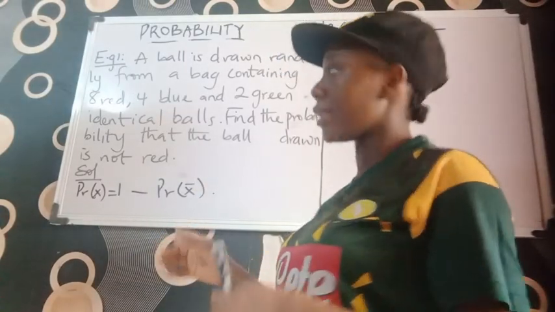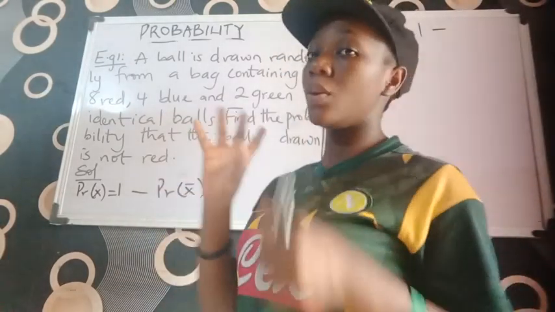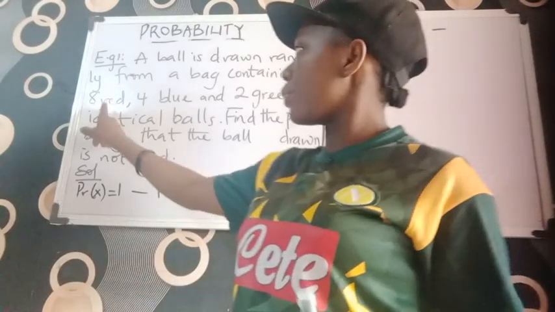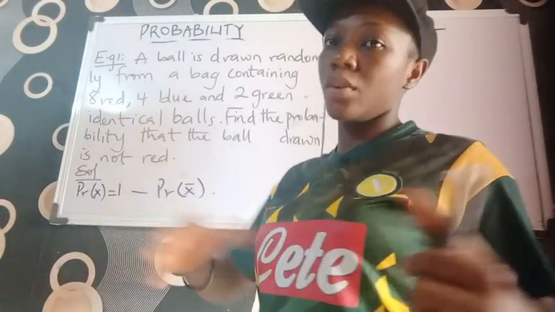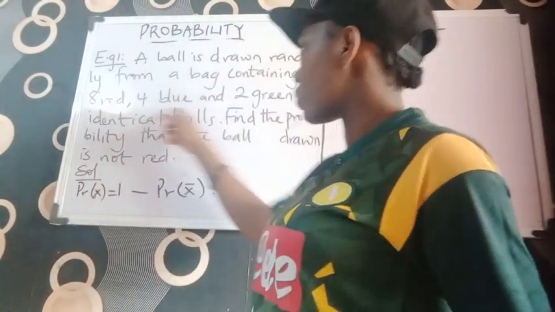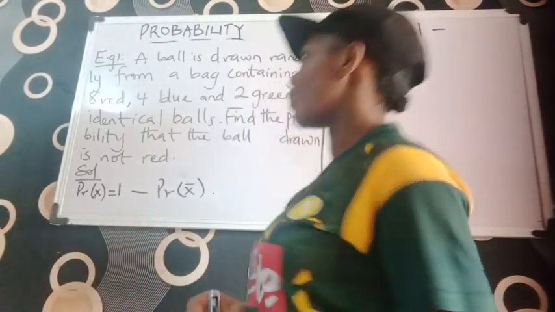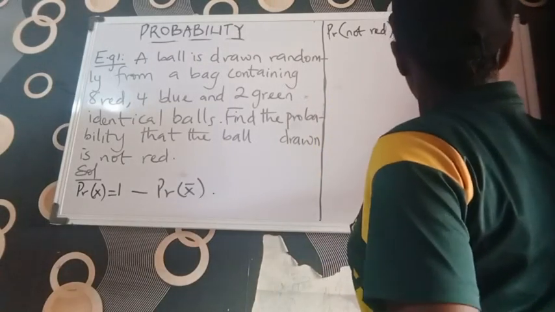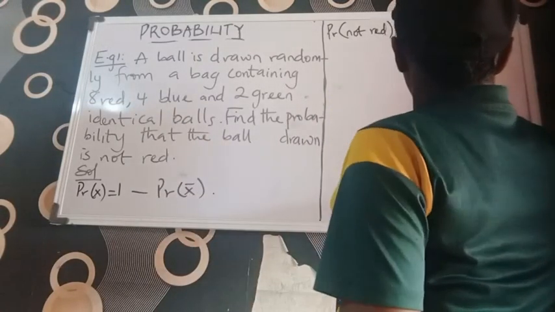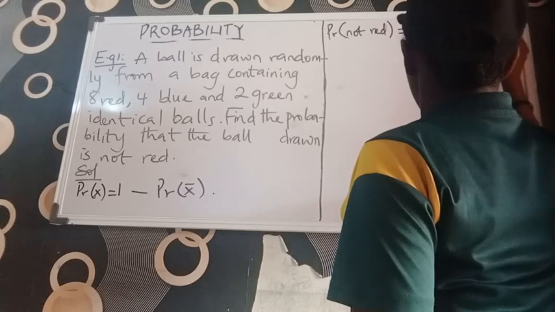In this case, the number required is the red ball, isn't it? So that is 8 all over the total, because I said they are identical balls. So this is 8 all over 8 plus 4 plus 2.